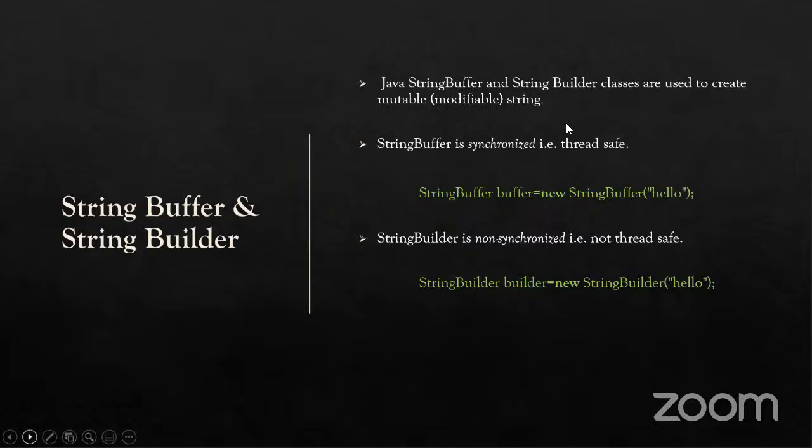These two classes are used for creating mutable, that is modifiable, strings. The difference between them is that StringBuffer is synchronized, that is thread safe, but less efficient, and StringBuilder is non-synchronized, that is not thread safe, but more efficient.